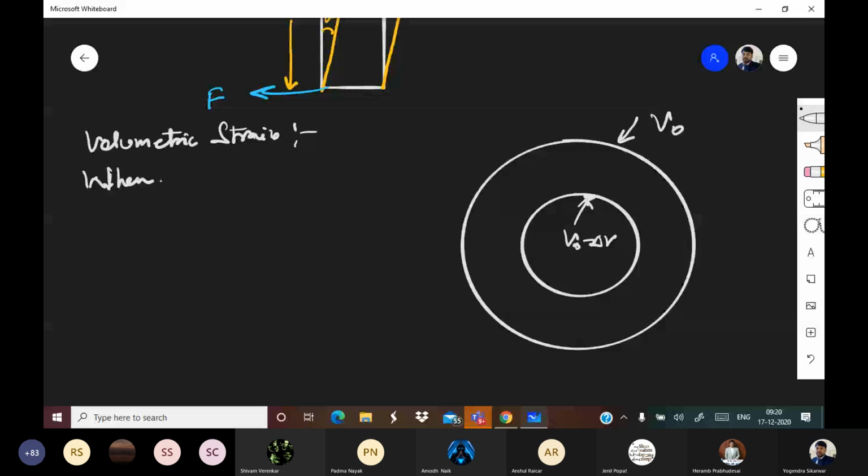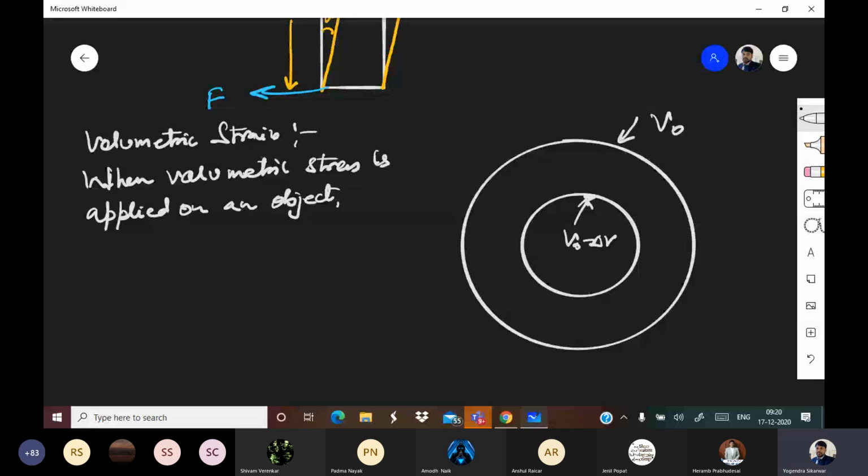When volumetric stress is applied on an object, the strain produced is called volumetric strain.